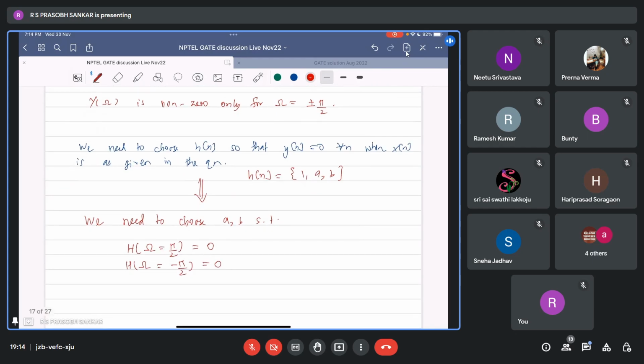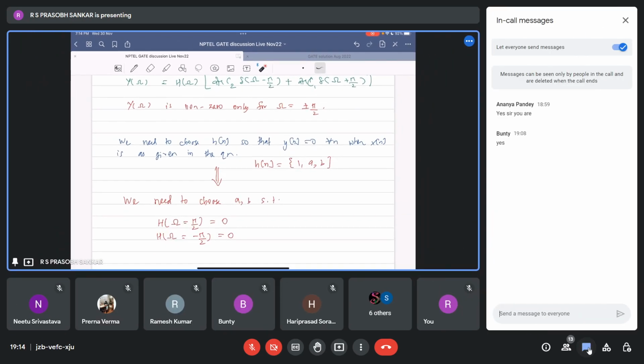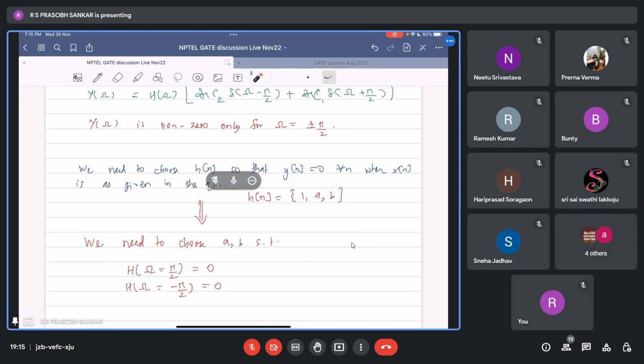This is how we should choose the coefficients a and b. So is this constraint clear? How are we getting this? Shall we proceed? Up to here it's okay, no? Shall I proceed?